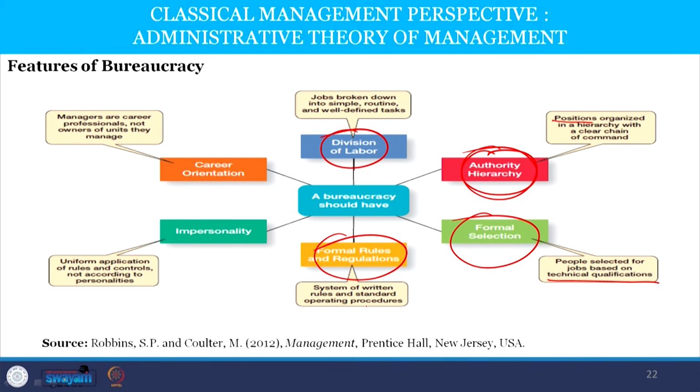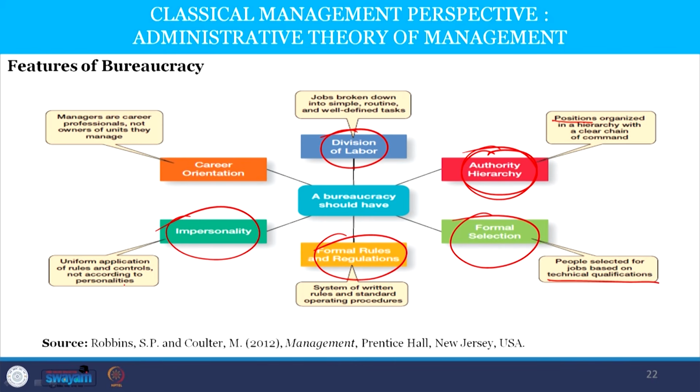The fifth point is impersonality. Uniform application of rules and controls, not according to personalities. So, they emphasized uniform application of rules and regulations in order to maintain equity, justice and fairness perception within the organization.